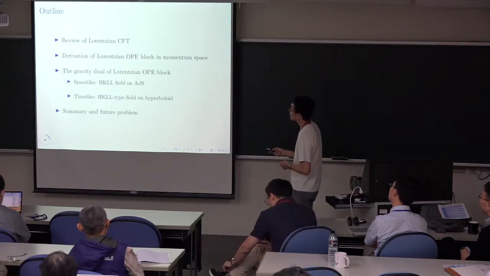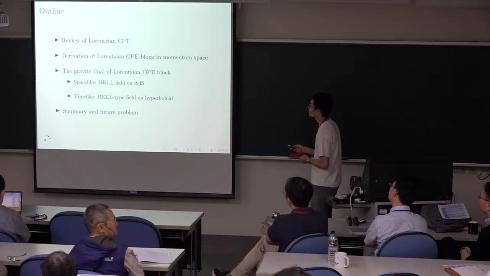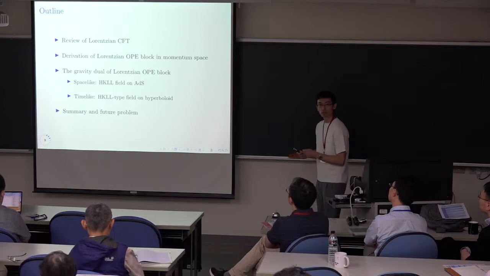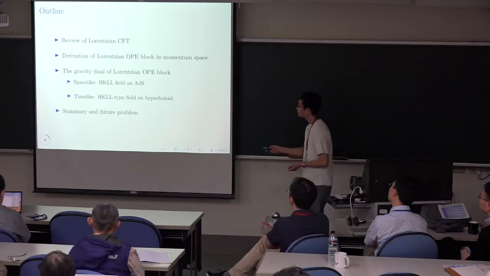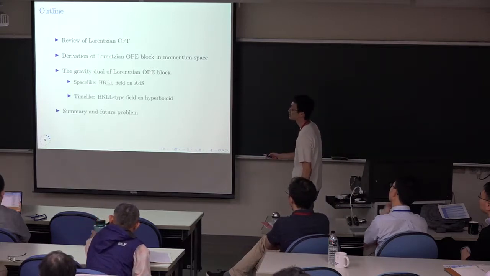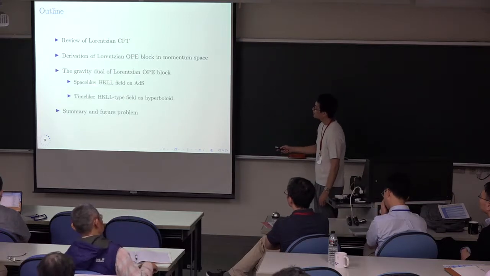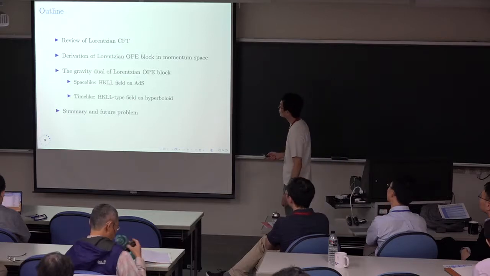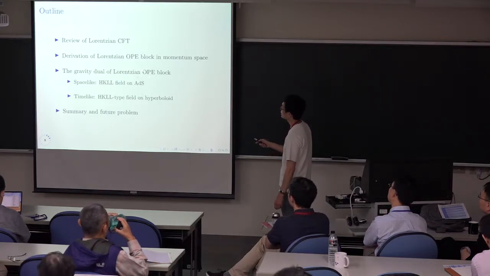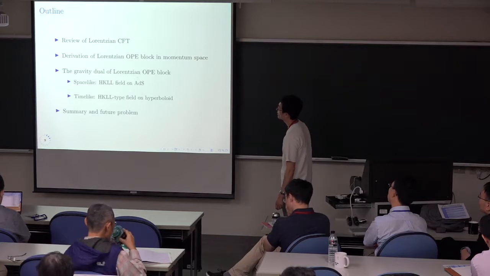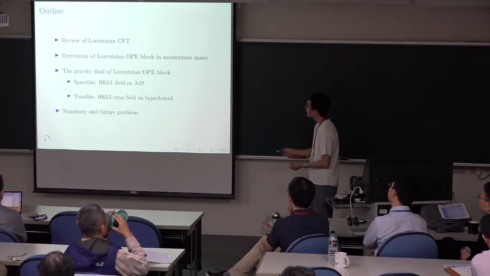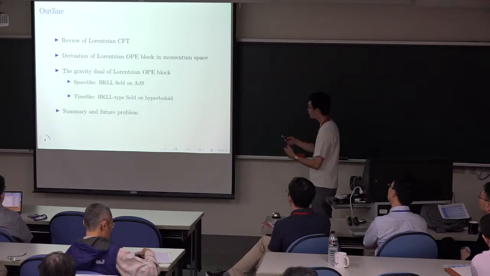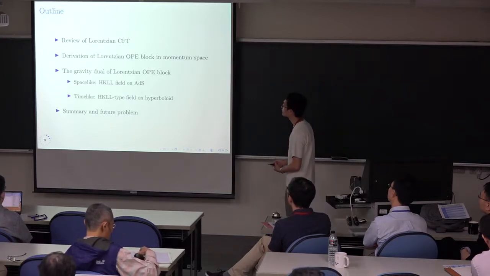Then I proceed to consider the gravitational dual of the Lorentzian OPE block. There are two cases. In Lorentzian signature, you have causal structure, so one is space-like, and the other is time-like. The space-like case is very similar to the Euclidean case, and inside the OPE block, the so-called HKLL field naturally arises, and the HKLL field lives on AdS space in one higher dimension.